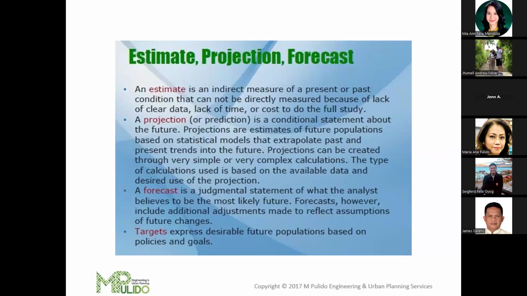And then you express desirable future populations based on policies and goals. So, okay, targets, of course, these are not estimates, these are not projections, these are not forecasts. So, targets are aspirations, aspirational.